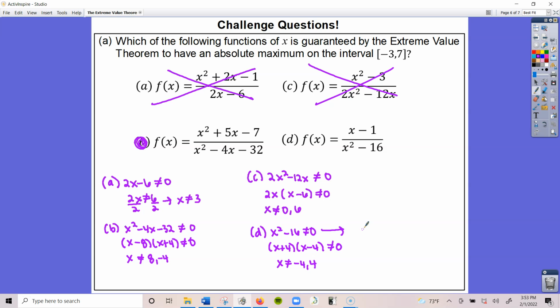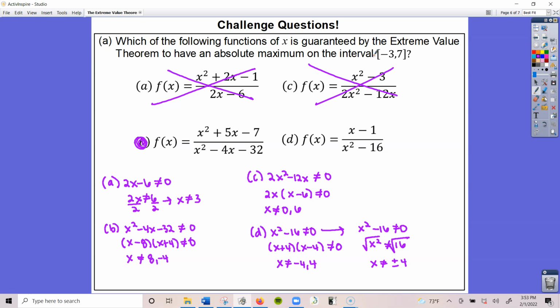And you would get the same thing if you were to solve for x by isolating it. If I add the 16, I get x squared cannot equal 16. And then if I square root, I get that x cannot equal plus or minus 4. Since anytime you square root a number, it's always plus or minus, which is the same as what I got here. Now -4 and 4.